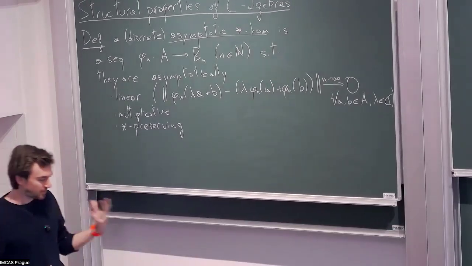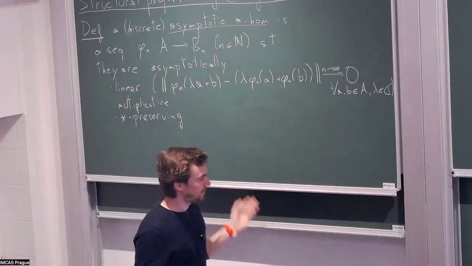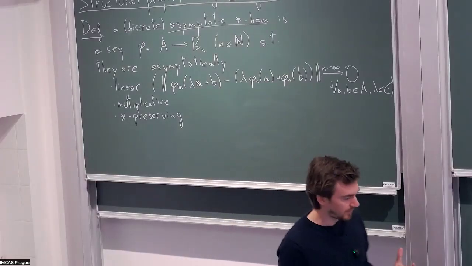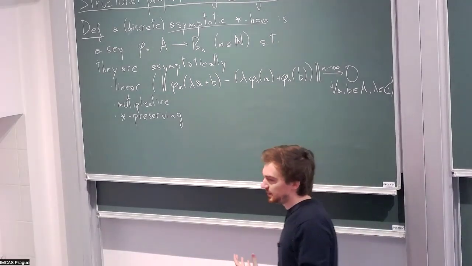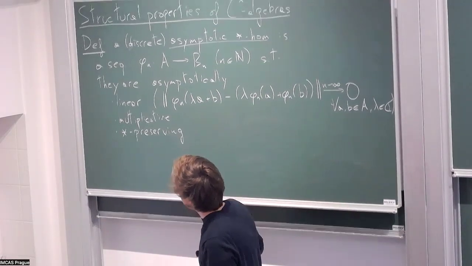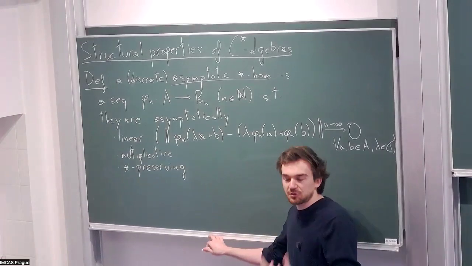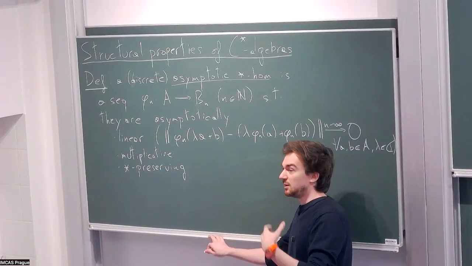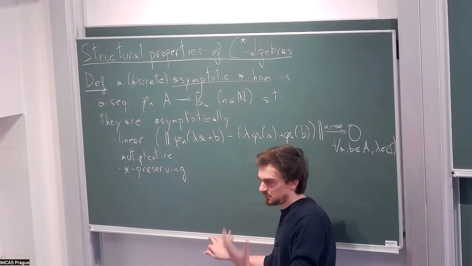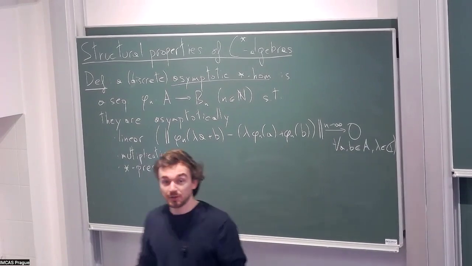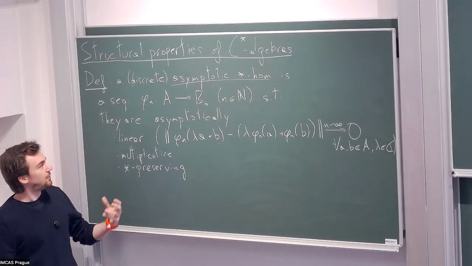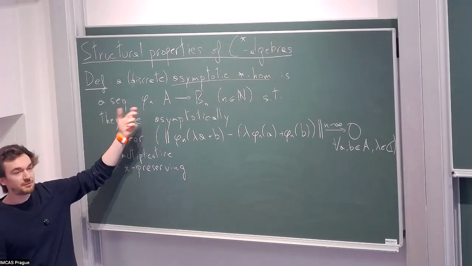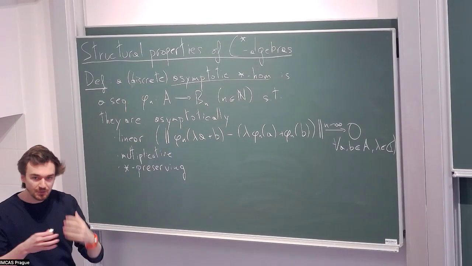And I guess morally, this can be thought of in the sense that if you do not require anything, then at least in the finite stages, you don't remember any of the linear, adjoint, etc., structure that you have on the C-star algebras that you start with. Whereas if you already require this at a finite stage, then it somehow already remembers this.